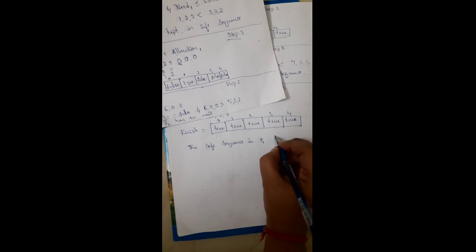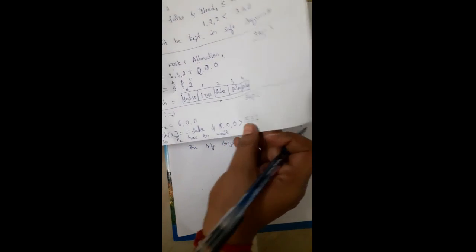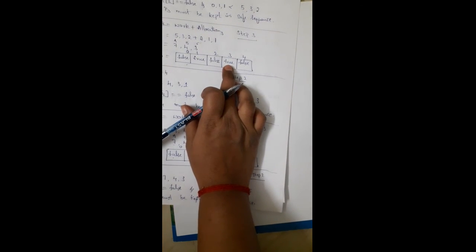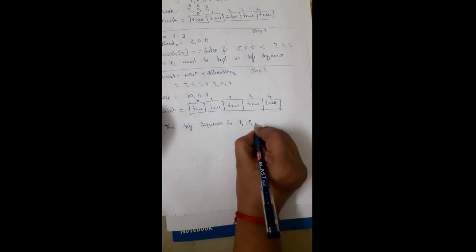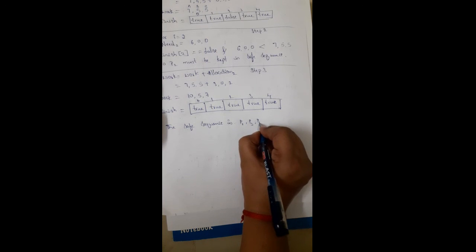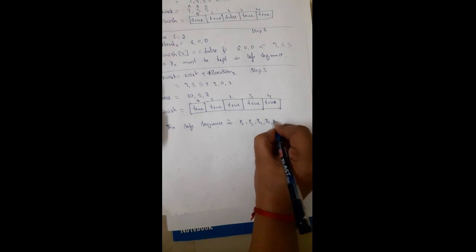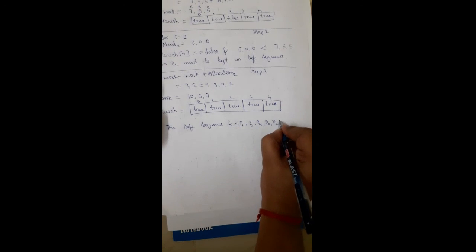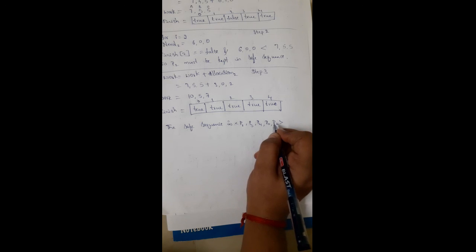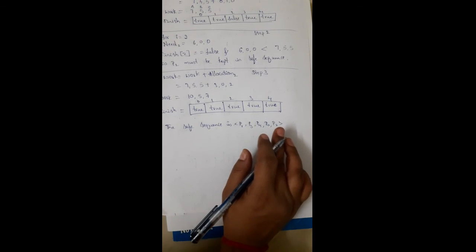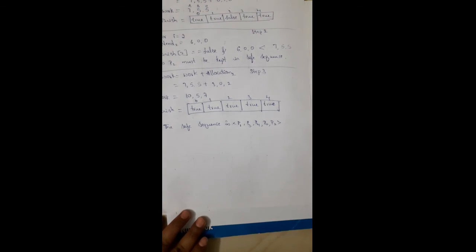So first one is P1, and next is P3, right? So we have to write it in the sequence. Yes, here it is. P1, P3, the next one is P4, and then P0, and then P2. So this order will lead the system into a safe state. Okay, this is all about the safety algorithm. Fine.